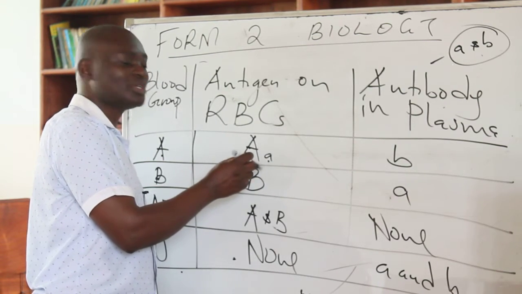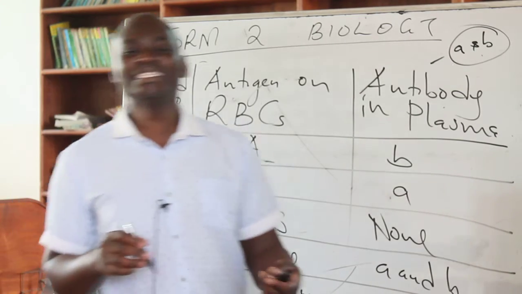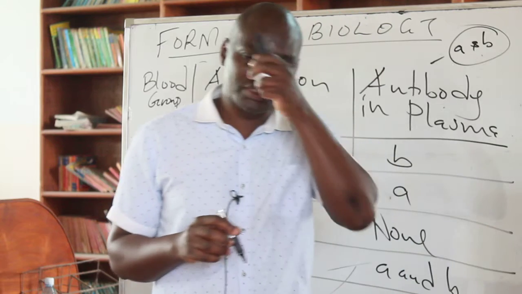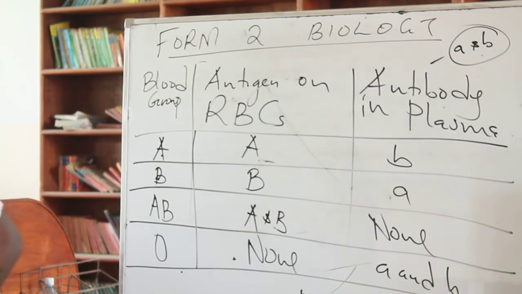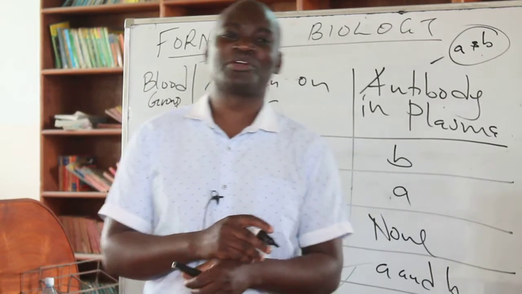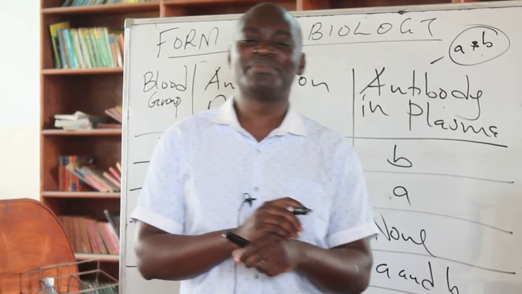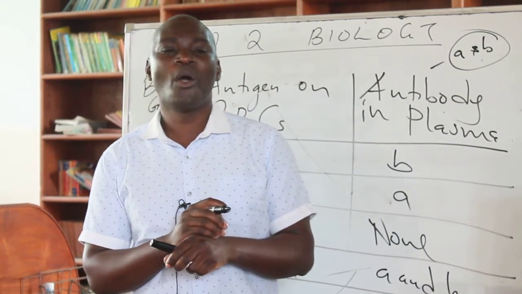This one will cause what is called blood agglutination. So if antigen and antibody correspond, then agglutination of red blood cells will occur.